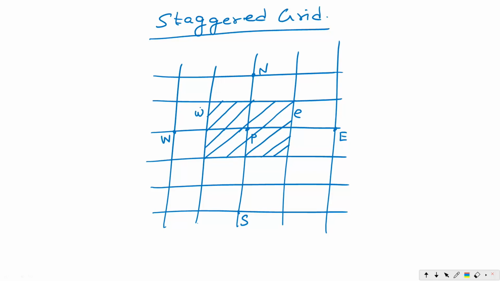It is a general convention to use small letters for the faces and capital letters for the nodes. So this control volume P has the eastern face e, western face w, northern face n and southern face s.